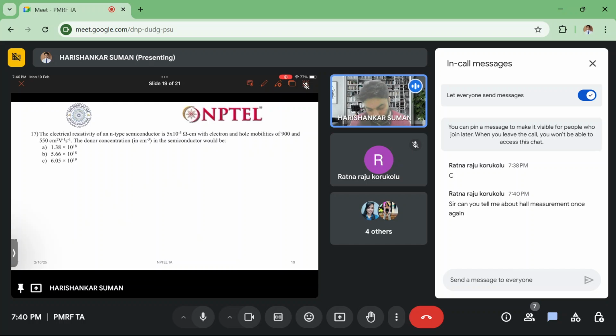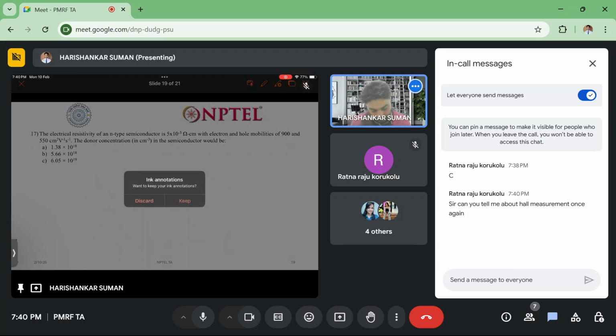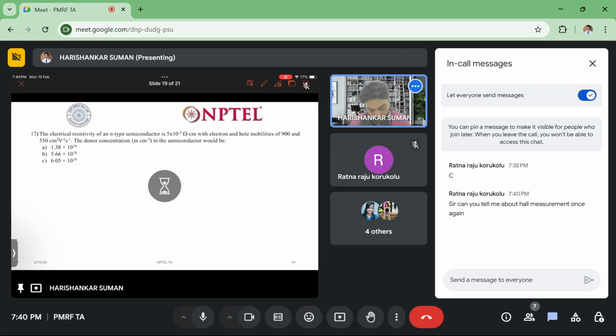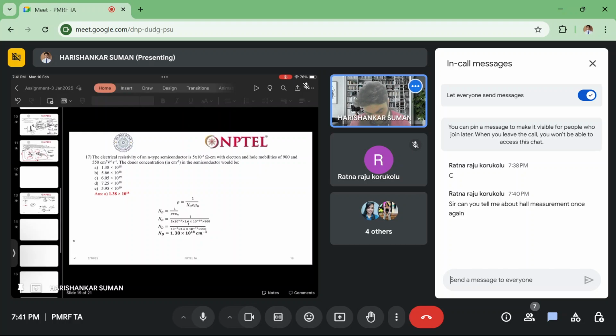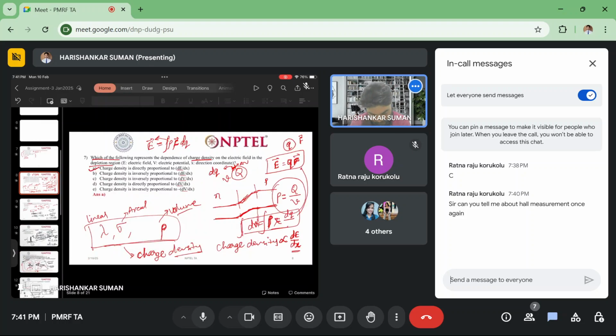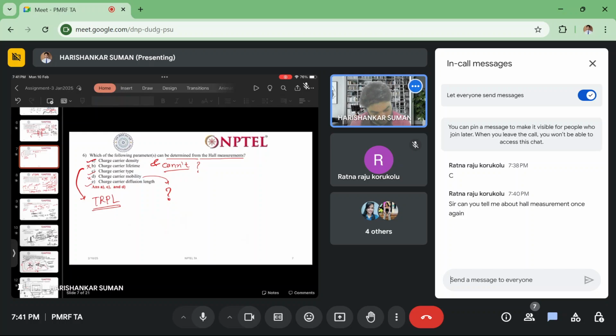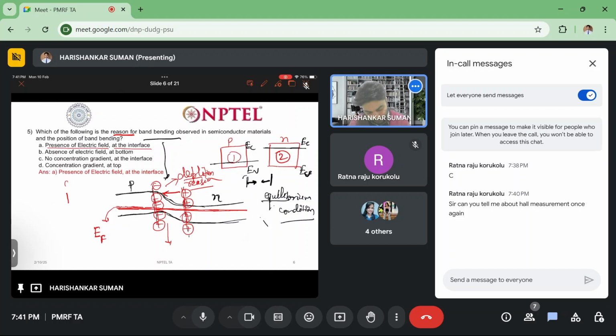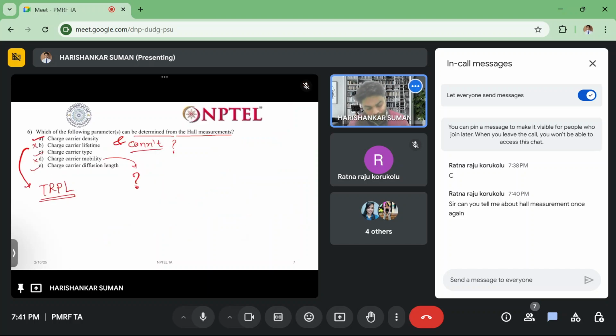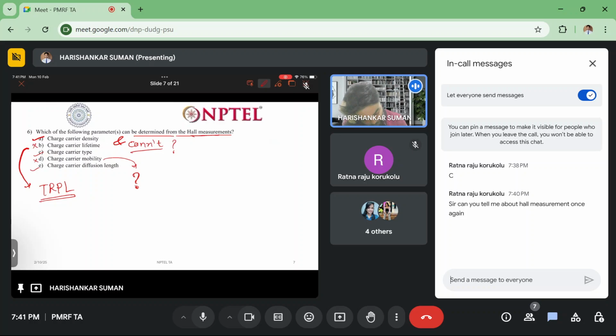Let me come to the whole measurement we discussed, the Hall measurement we performed in the laboratory.